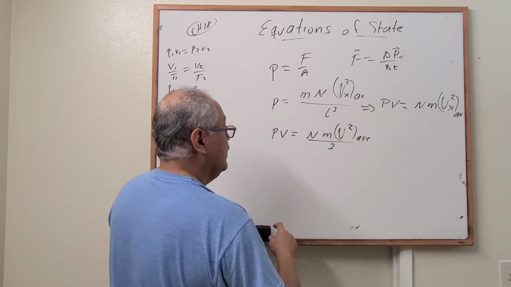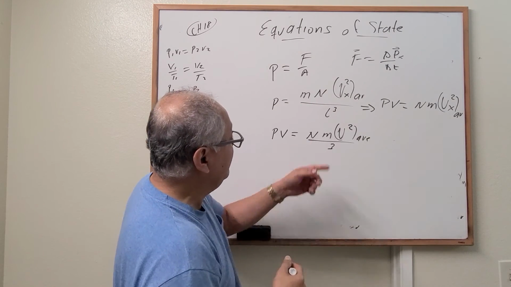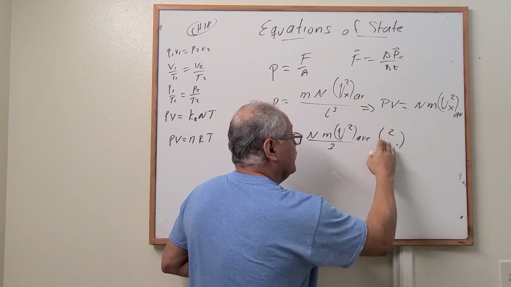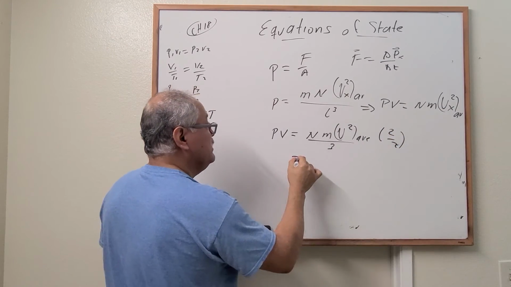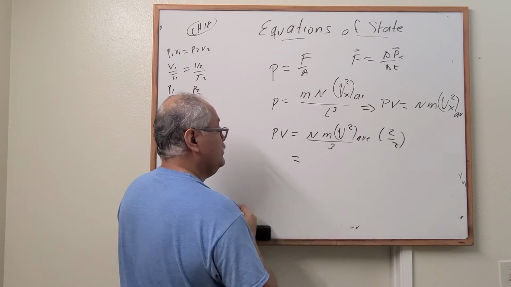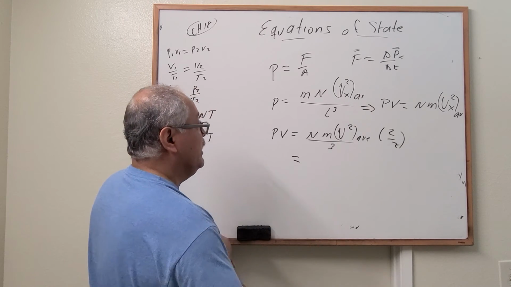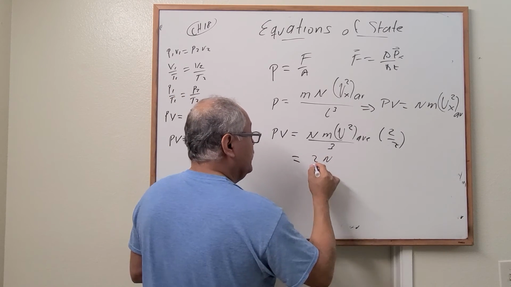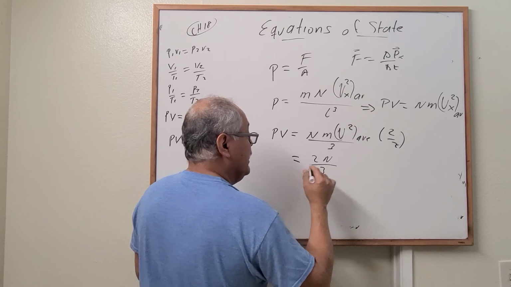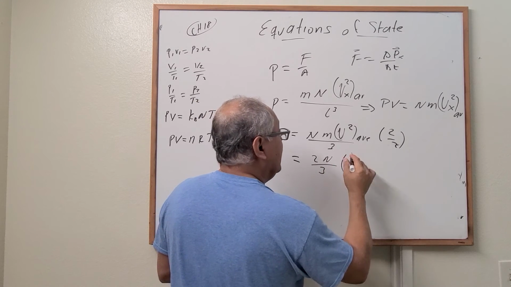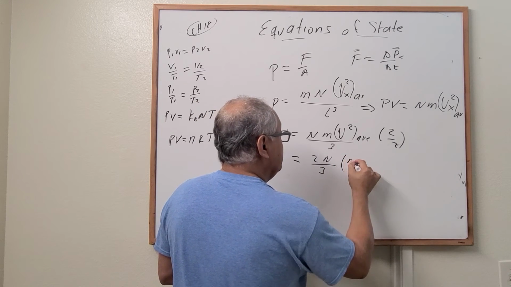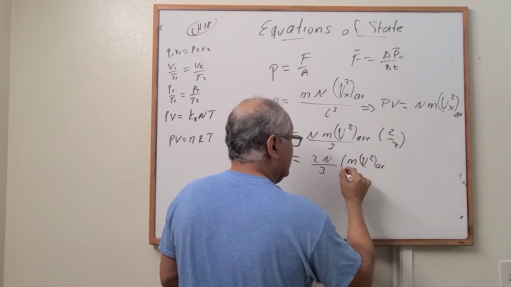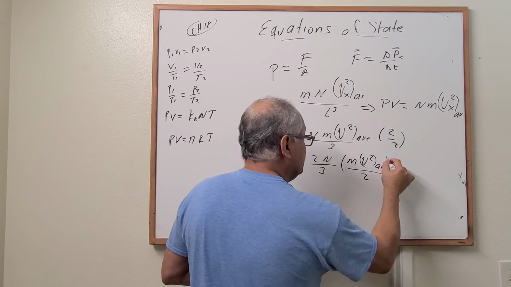Actually, from here, if we multiply and divide by 2, we have 2N over 3 times m times the average of v squared divided by 2.